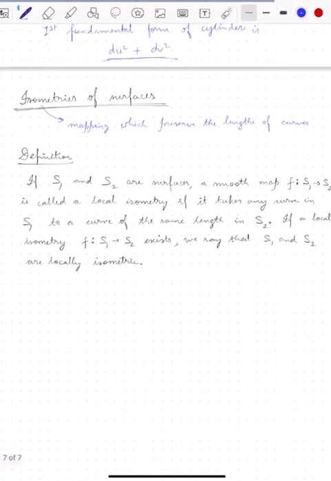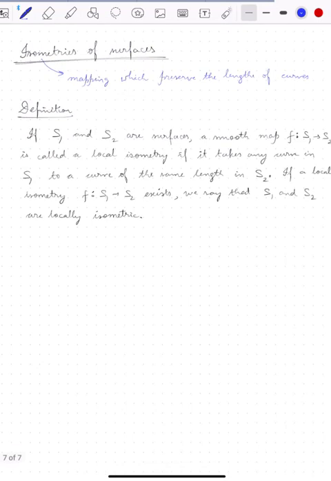So the thing to note here is that, of course, say we have a surface, there's S1 and there's S2.